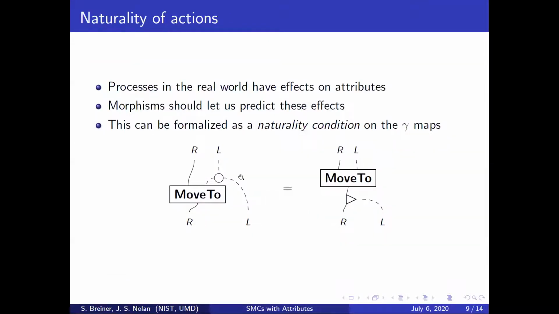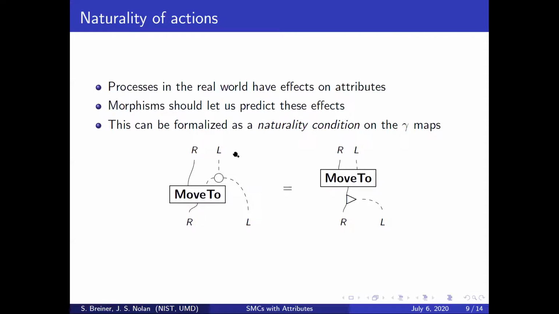And so you might be wondering why these gamma maps are supposed to be natural. You might have followed most of the previous definition, but still be wondering why. And the reason for this is that morphisms like this move to right here are going to have effects on the attributes.